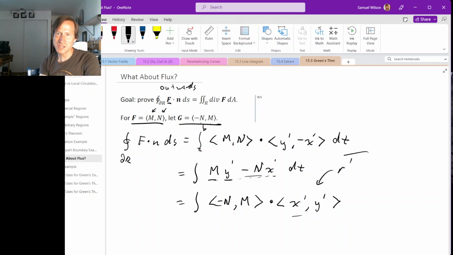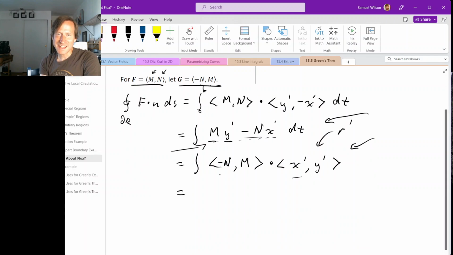Okay, so these two things are equal, just because if you work out this dot product, you do get that stuff in that integral. But notice that this is G. So now we have the integral over our boundary curve of G dot dr, because this is r prime, and I forgot my dt.